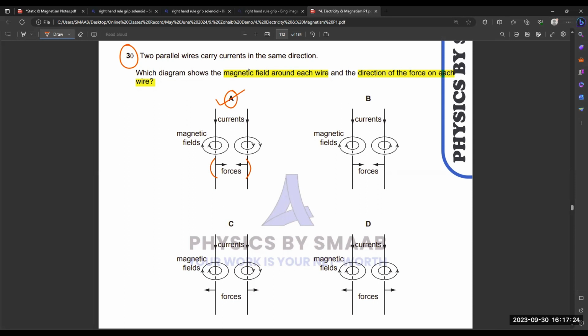What is the problem in option B? Can you identify the problem? The direction of the magnetic field is wrong. Yes, very good. If you are able to identify the problem in the question or in the diagram, then you have got the concept of what you are actually doing.